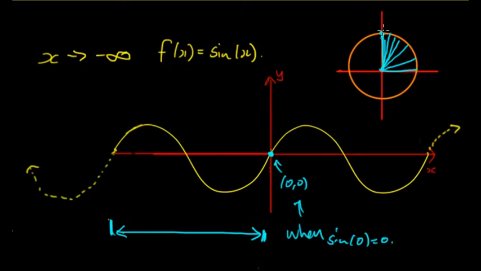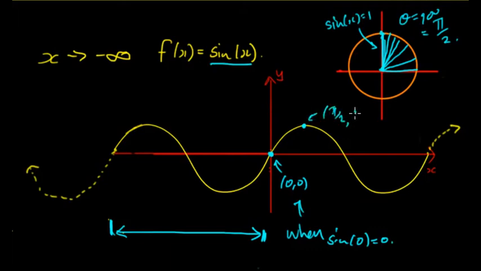This point is a maximum, so that's when the angle is equal to 90 degrees, and typically this is to do with radians, so I refer to it as radians, that's pi on 2. And at that maximum point, for the unit circle, sine x is equal to 1. So this component here is going to be equal to 1, and the value there is going to be (pi on 2, 1).